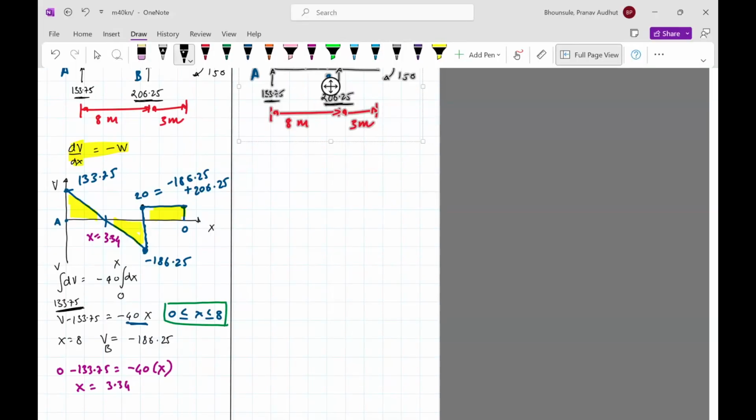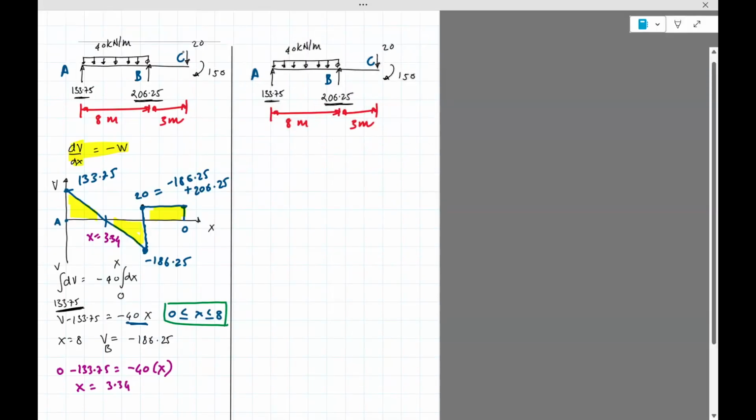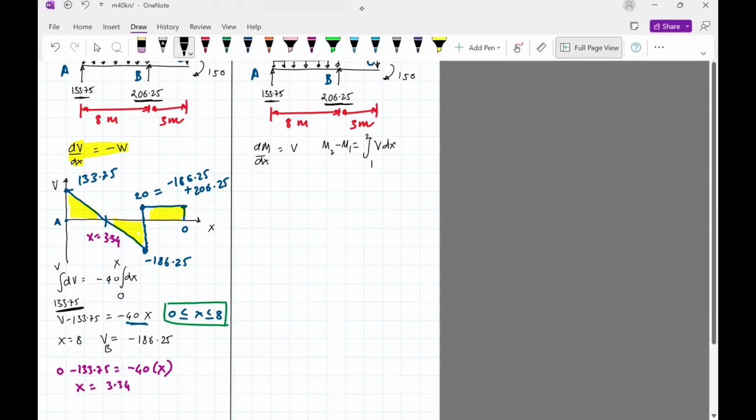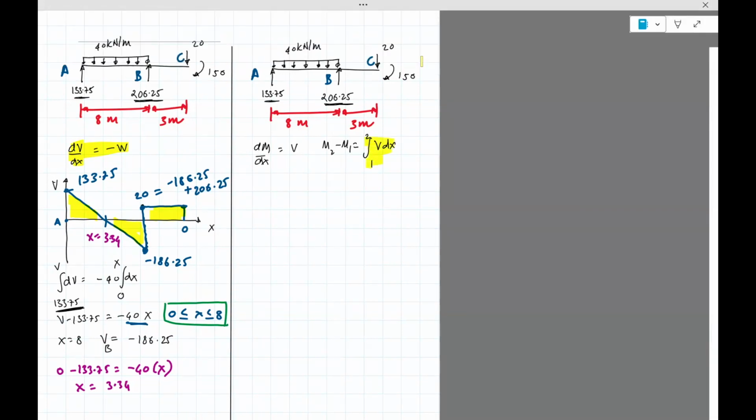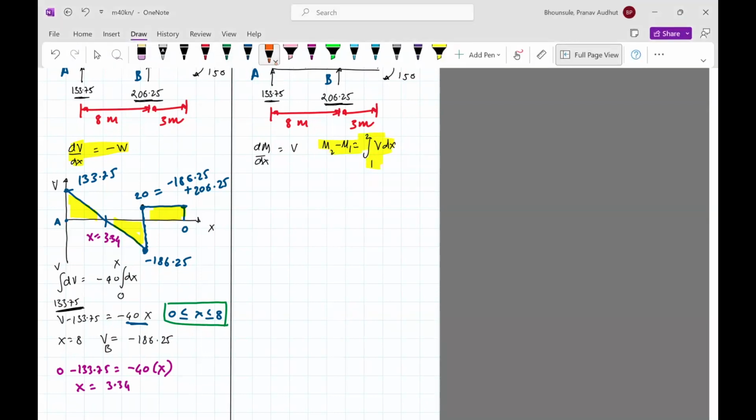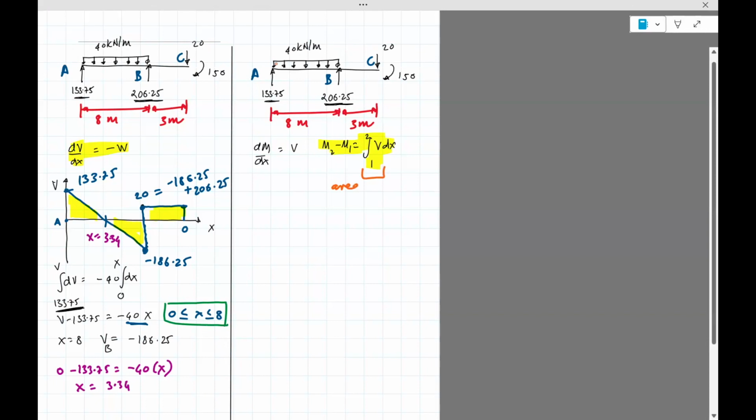Now we're going to use the fact that dM/dx is V. In other words, if you integrate this, M2 minus M1 is the integral of V dx from 1 to 2. The thing on the right side is actually the area under the V(x) curve from 1 to 2.